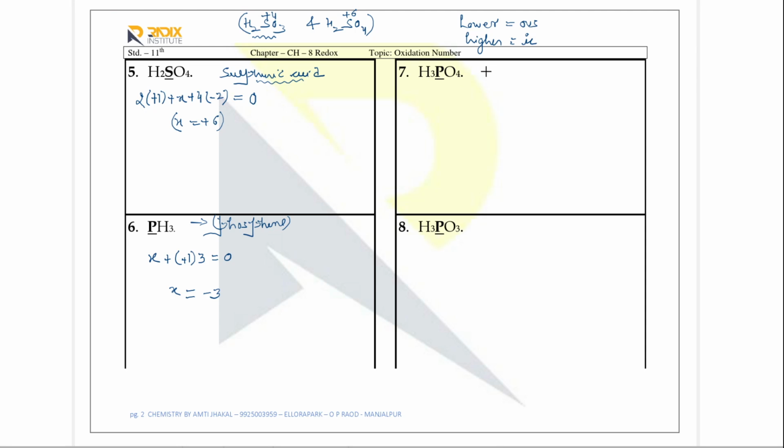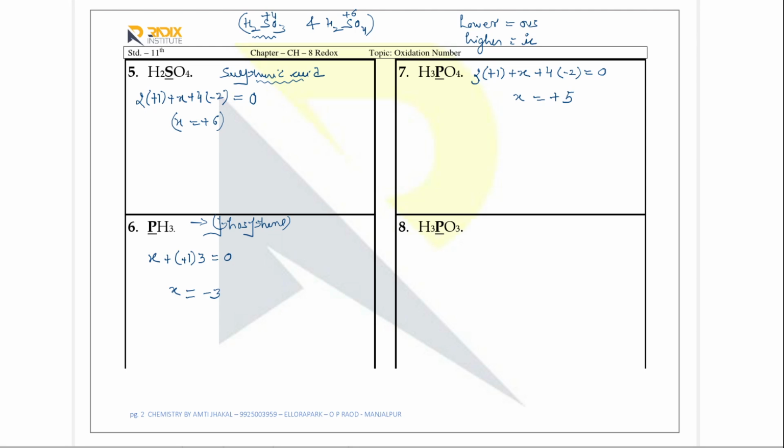H3PO4. Hydrogen oxidation number plus 1 with any non-metal, phosphorus oxidation number X, oxygen oxidation number minus 2, is equal to 0. So X is equal to, sorry, there are 3 hydrogens present, right? So X is equal to plus 5.